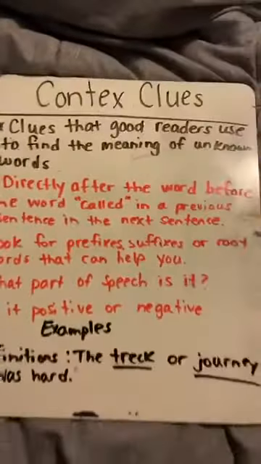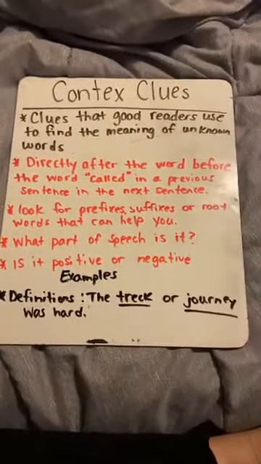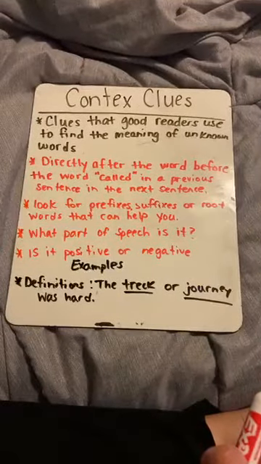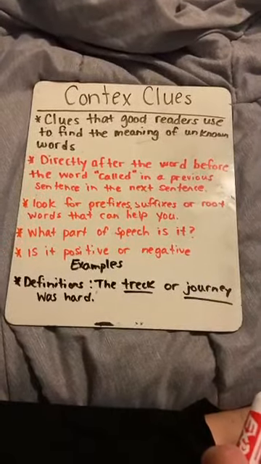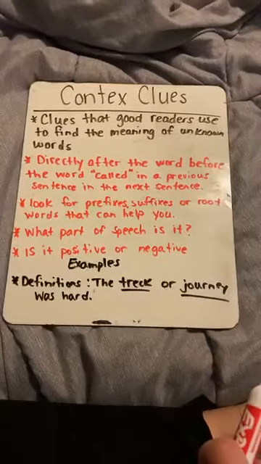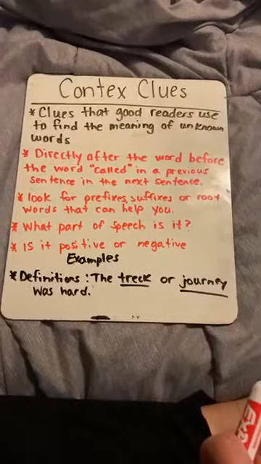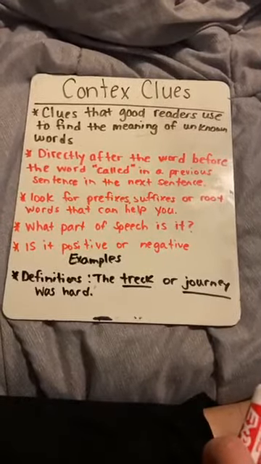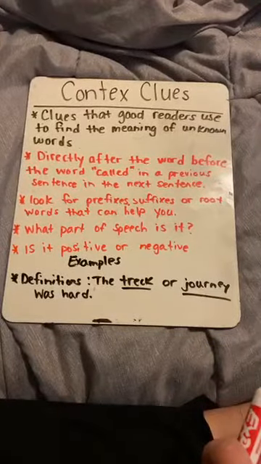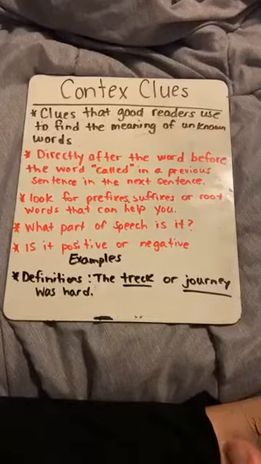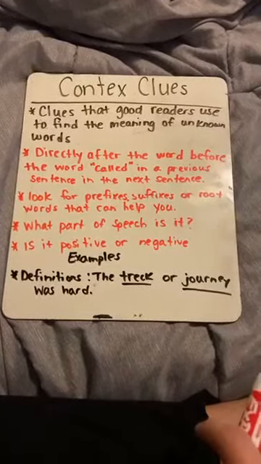I want to talk to you about using context clues. Context clues are clues that the good readers use to find the meaning of unknown words. So when you're reading that story and you don't know what a word is, you're using your context clues to help you figure it out. Okay? It can be directly after the word or before the word, called in a previous sentence or in the next sentence.